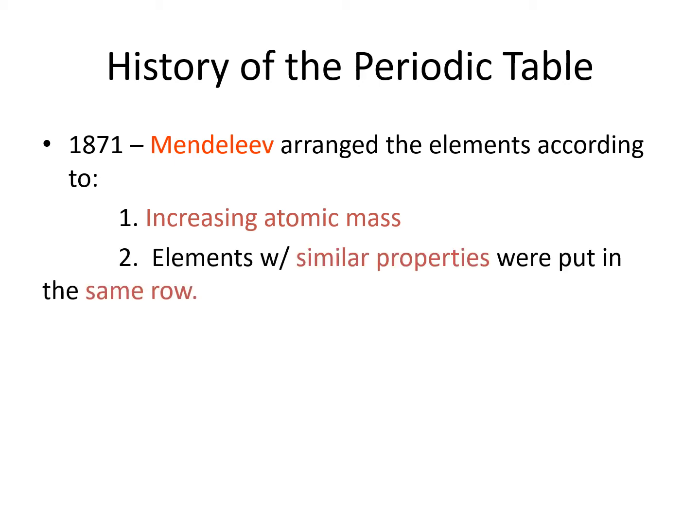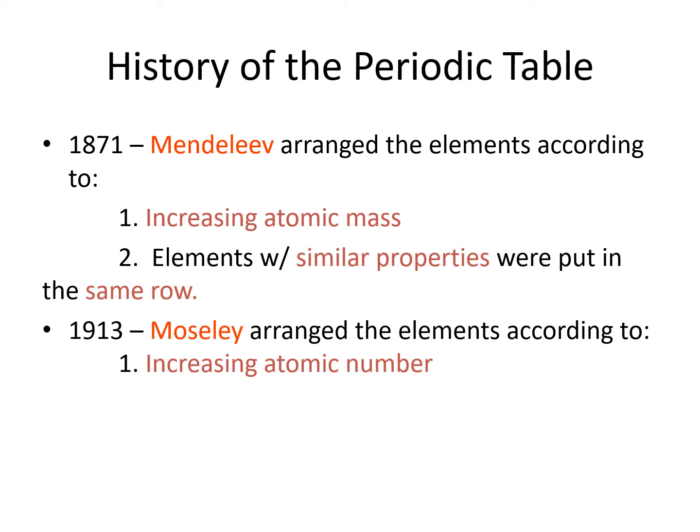He also left open spots where presumably yet undiscovered elements would fill in the periodic table. Also, because of this particular arrangement, elements with similar properties were put in the same row.